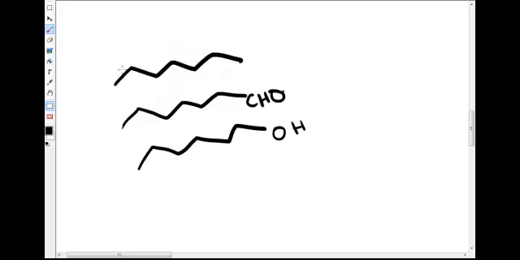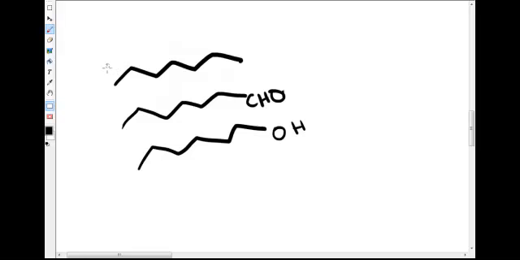Okay, so if you have a cup full of each one of these three, which one would you expect to have the lowest boiling point? Well, if you think about it, the one that has the least intermolecular attraction is going to have the lowest boiling point.